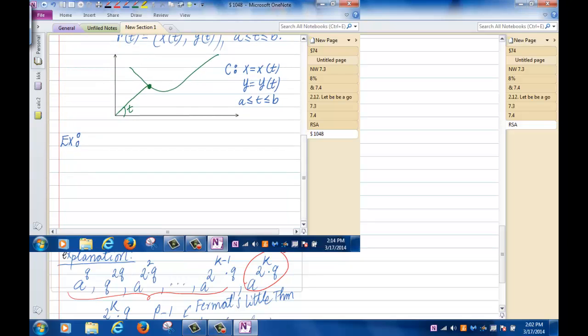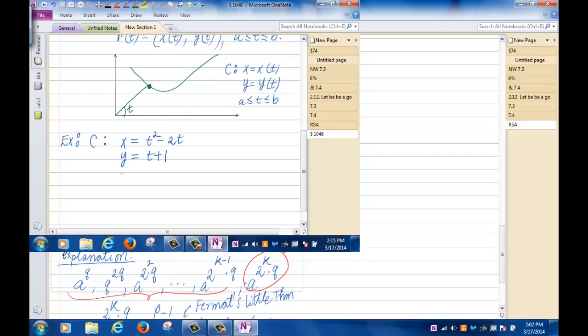Here's an example. Let me backtrack for a second. I want to write c, and the curve c is given by x equals t squared minus 2t, and the second coordinate is given by y equals t plus 1.